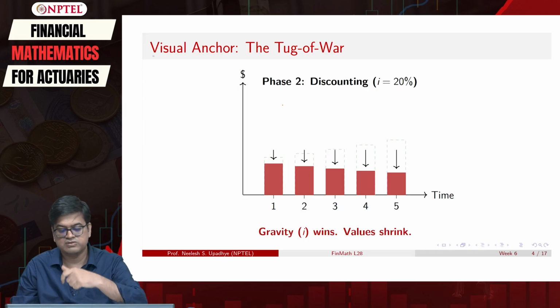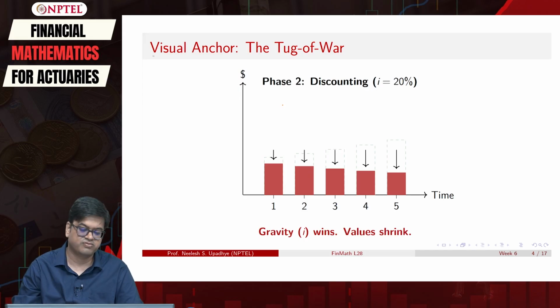So, the values are shrinking when you go into the future. The takeaway is that even if the money grows, if the discounting factor is high, your present value of money will shrink, and money has time value.